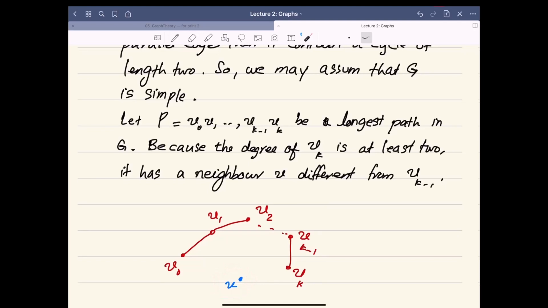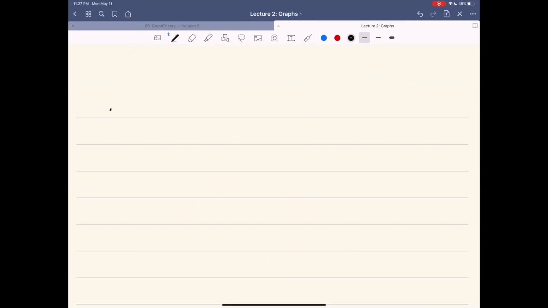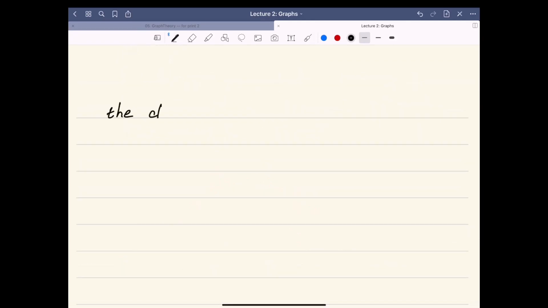And here is what we are going to write. If this V is not on P, which is the longest path, then P contradicts the choice of P as a longest path.